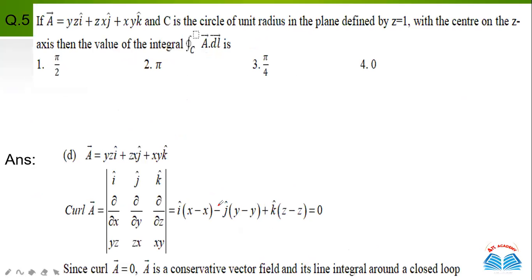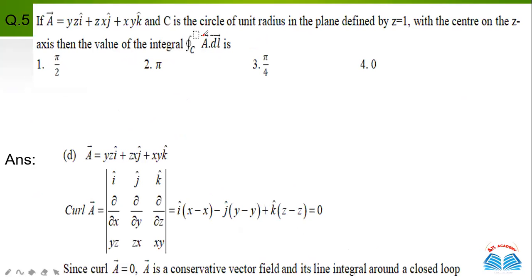Okay, the next question is: if A equals yz i plus zx j plus xy k, and C is a circle of unit radius in the plane defined by z equals 1 with the center on the z axis, then the value of the closed integral over C of A dot dl is... and there are four options. So you have to calculate this value.